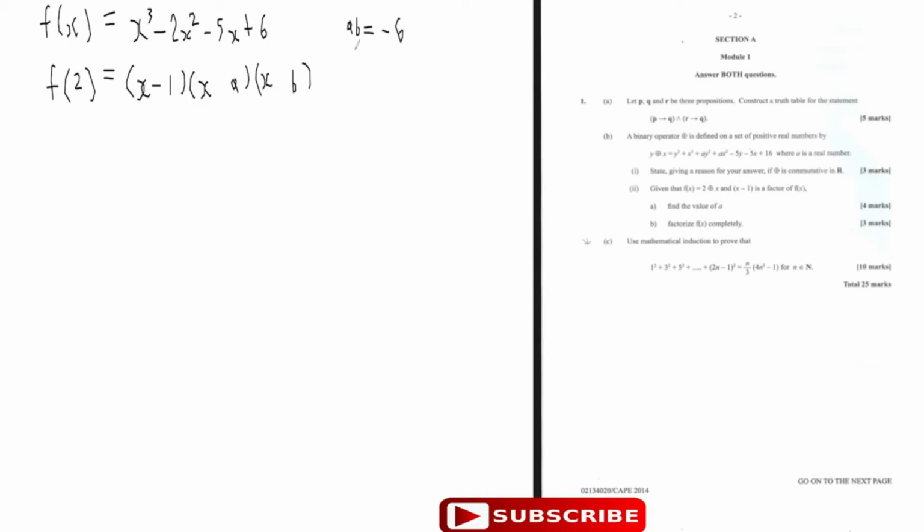And when I add all of them, I'm supposed to get 1 plus A plus B. I know that the sum of the 3 roots is going to be 2. So what must A and B be?